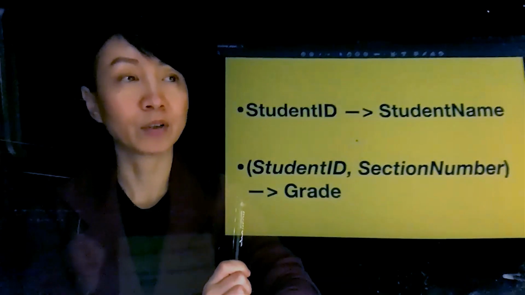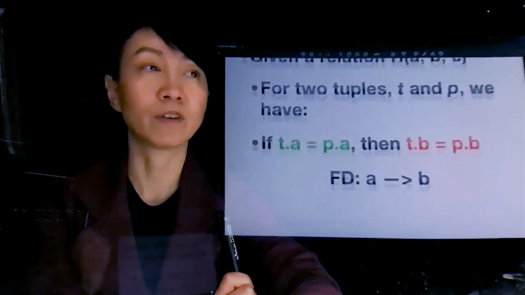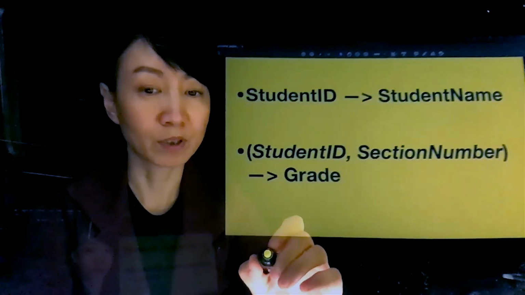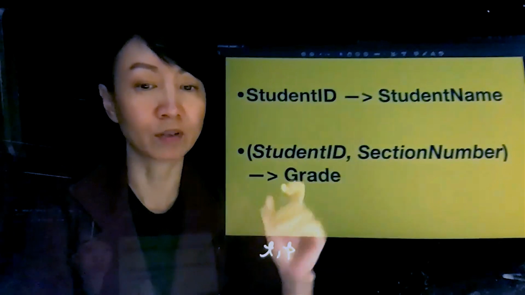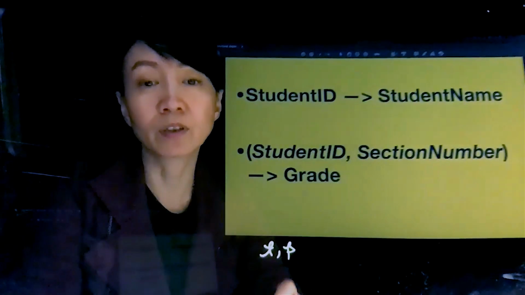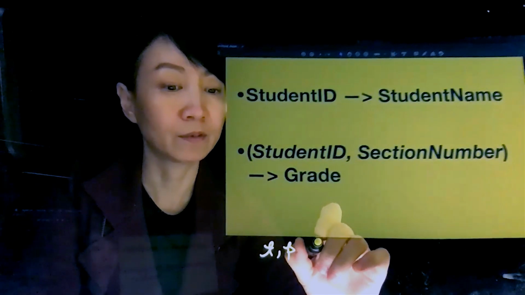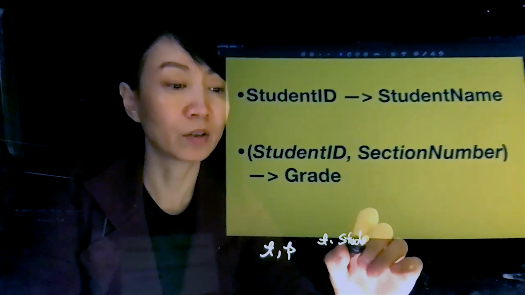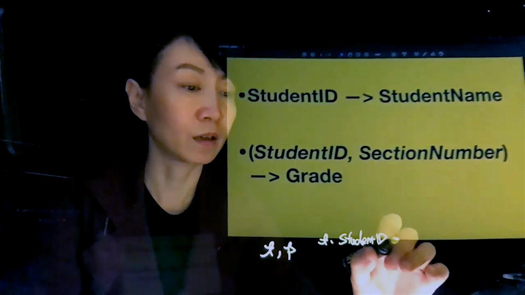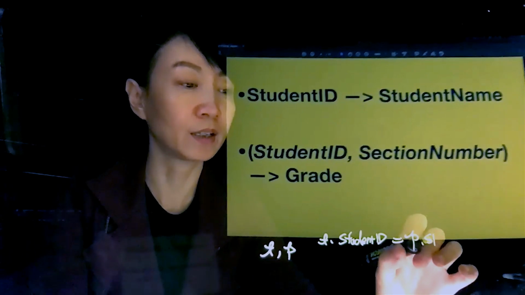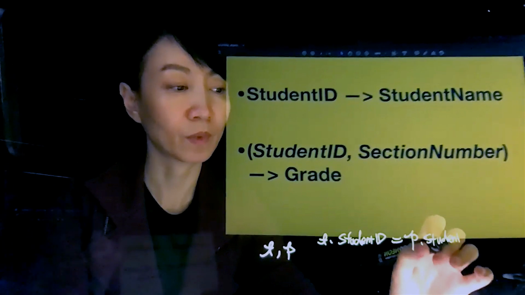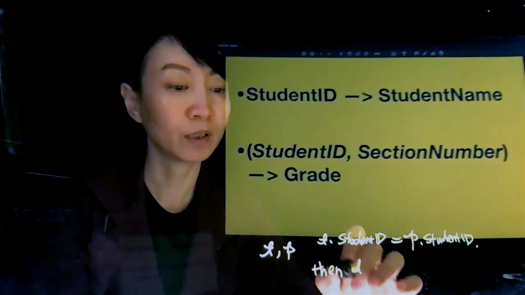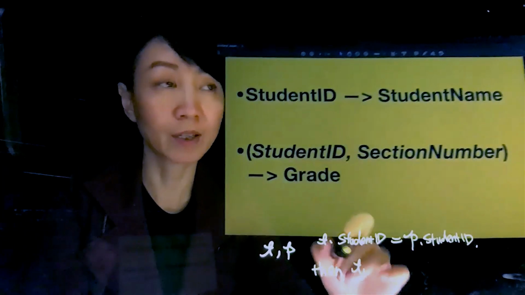However, if we try to apply this condition to this functional dependence, that means if we have two students, T and P, then this functional dependence tells us if these two students have the same ID, T dot student ID equal to P dot student ID, then we know T and P must have the same name.